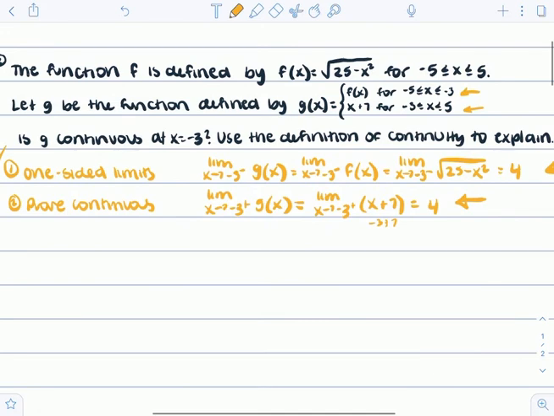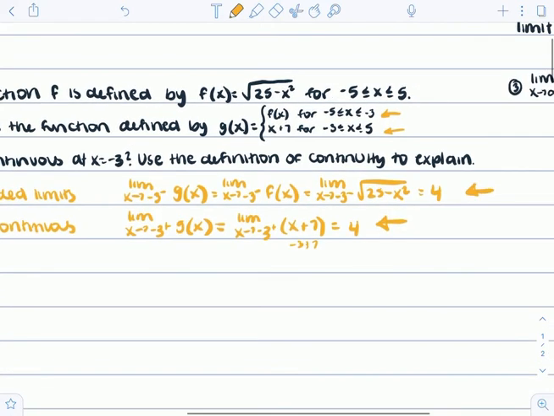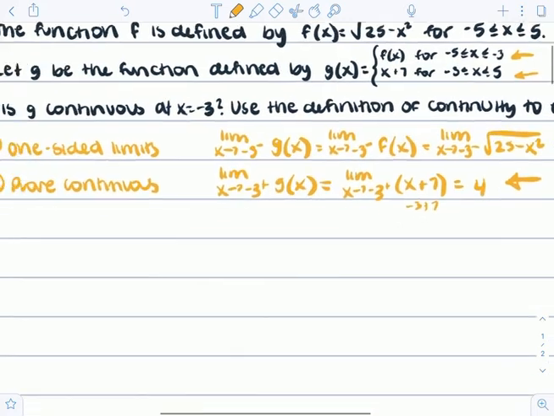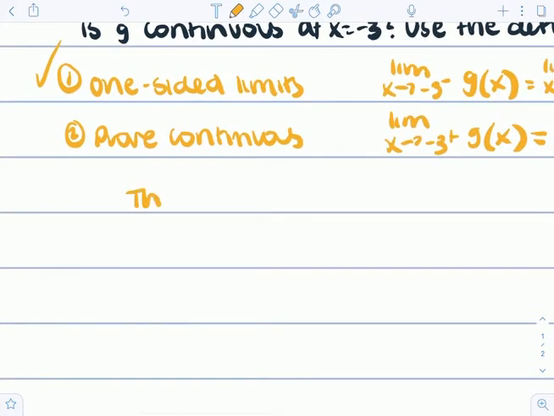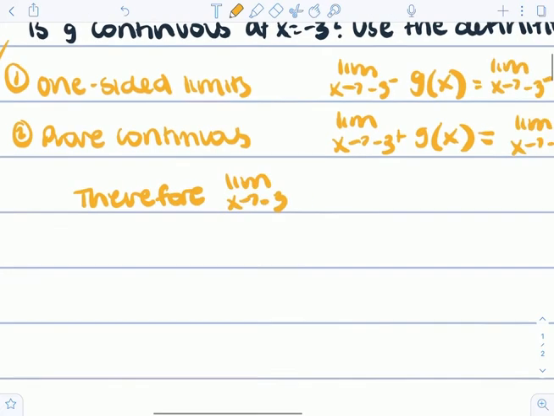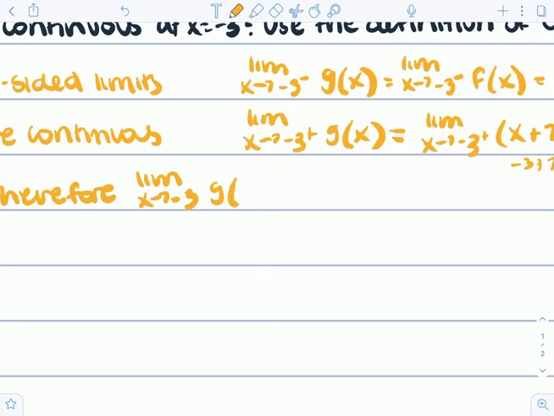And now we want to prove that it's continuous. For it to be continuous, these two points have to be defined. Obviously, we know that because we plugged it in and it wasn't undefined or does not exist. But for the sake of calculus, we have to define that and give an explanation. So we can say, therefore, the limit as x approaches negative 3 of g of x equals 4.